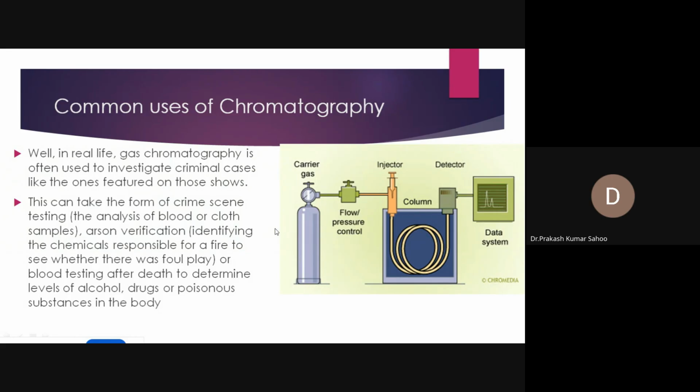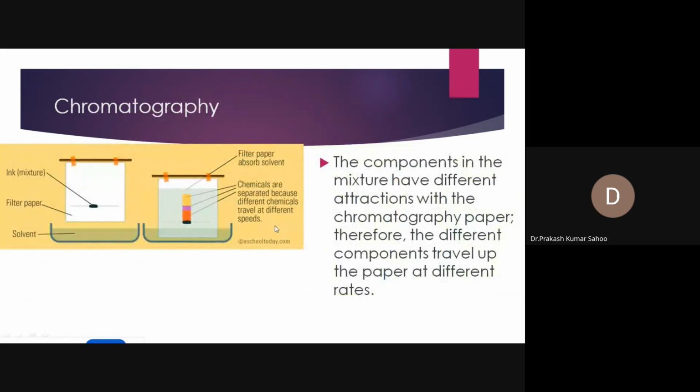Okay. And in this part I forgot to mention one thing: in a chromatography experiment or separation, we have two types of phases. One is known as the stationary phase, and the second is known as the mobile phase.